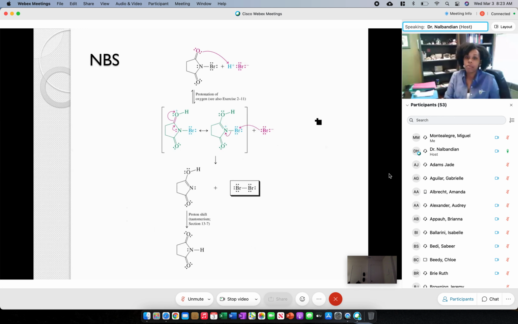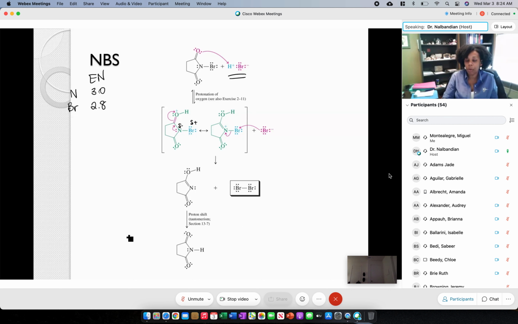So what's the mechanism for this? We said we have some HBr. So our oxygen gets protonated. We know our oxygens are basic, so they go for a proton. And so when that oxygen gets protonated, we have here a nitrogen that's bonded to bromine. Now that's a polarized bond based on electronegativities. So the electronegativity value for nitrogen is 3.0, and for bromine is 2.8.